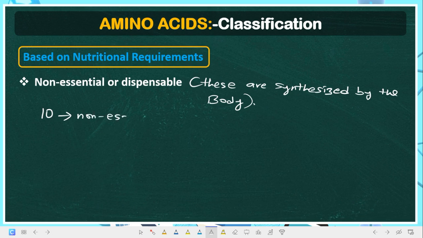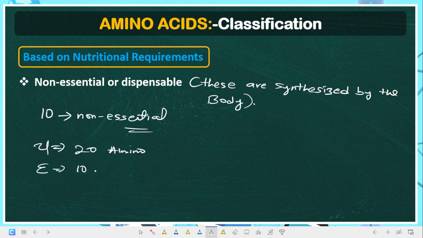Non-essential. So all you just need to do now is, we are going to use the idea of sets. If you have U as the universal set, and the universal set contains 20 amino acids in total, now, the essential are what? 10 amino acids. What do you think will be the complement, E complement?